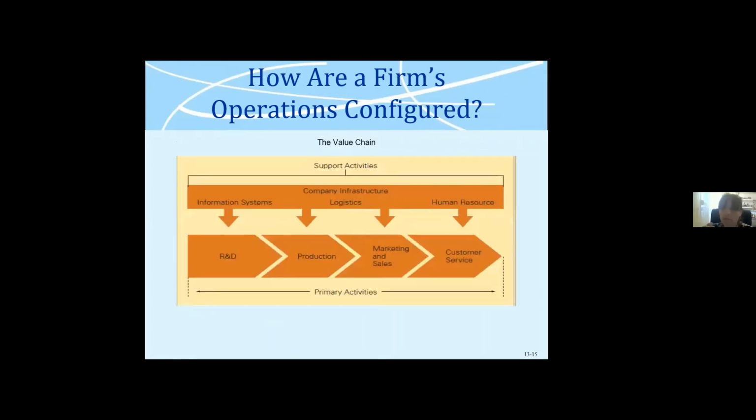So, focusing on this figure, the primary activities, as we can see, have to do with the design, the creation, the delivery of the product, its marketing, and its support and after-sale service. So, the primary activities are divided into four functions: research and development, production, marketing and sales, and customer service.